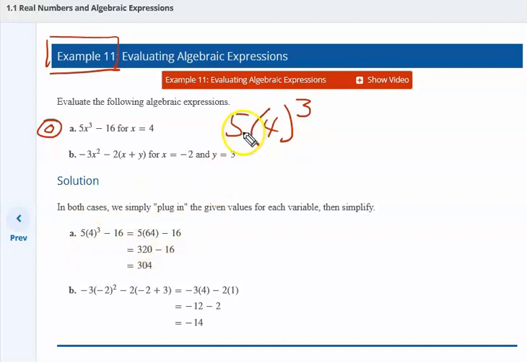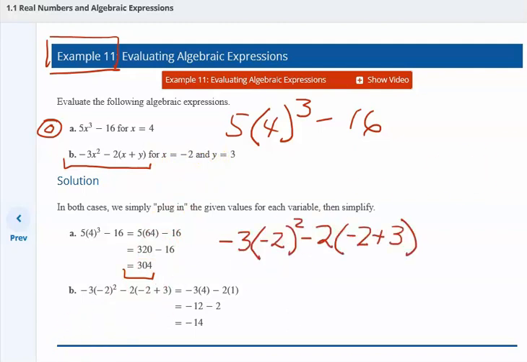So we do that, and then there's a minus 16. So 4 to the third is 64 times 5 is 320. Minus 16 gives you this. And then here, again, kind of complex, but being able to substitute carefully, and we'll pause to do that for you. And the use of parentheses, very helpful.